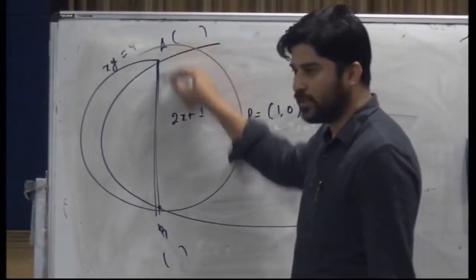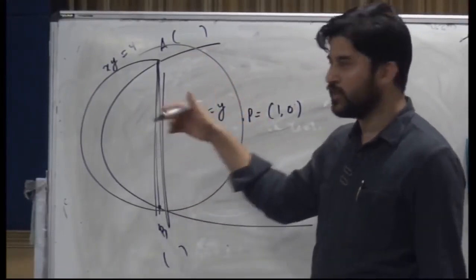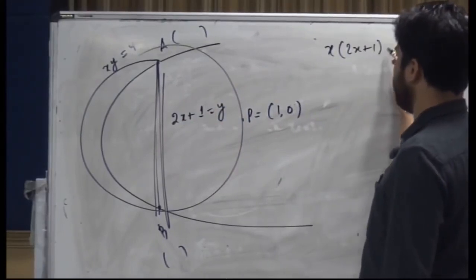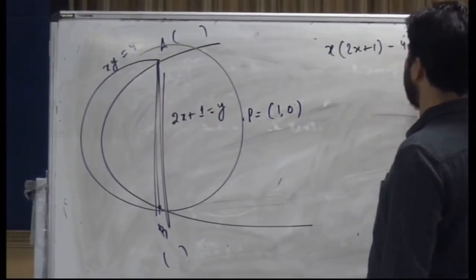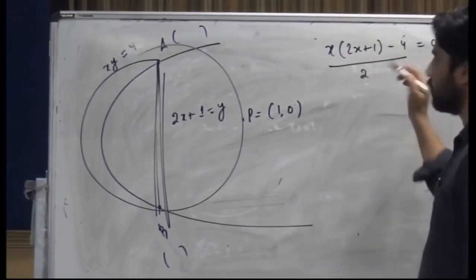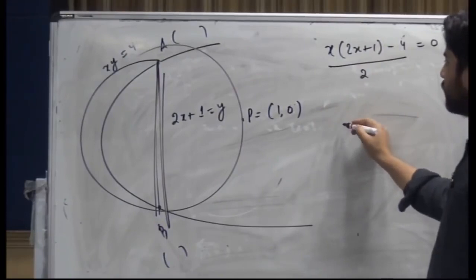ऑलरेडी ये क्वेश्चन हम कर चुके हैं. This is given 2x plus 1. Don't try to solve this equation. You just have to say x into 2x plus 1 minus 4 is equal to 0. Now coefficient of 2x square is, so divide by 2. अब ठीक है? And what will be the quadratic equation in y?